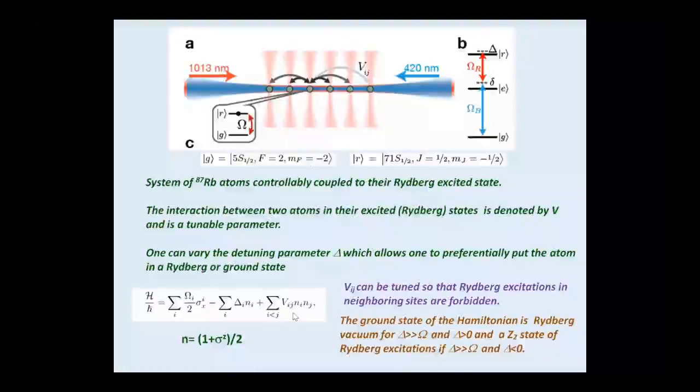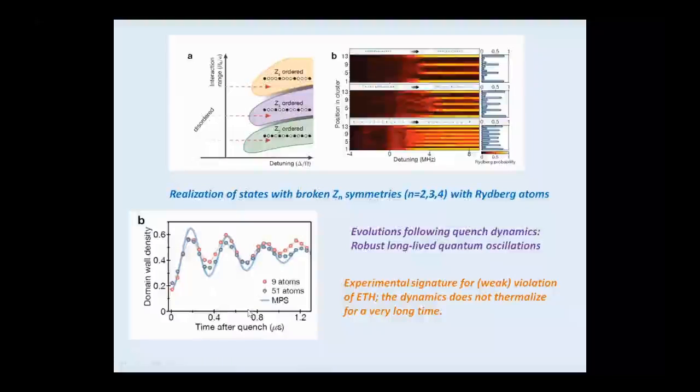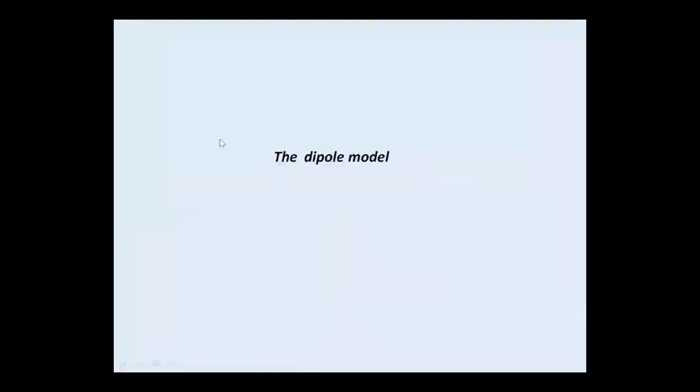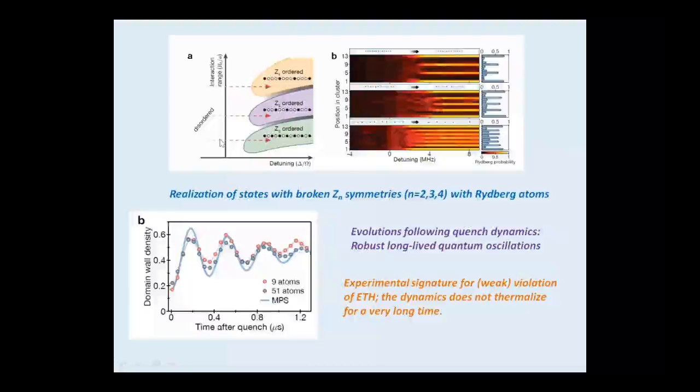So if you tune your Vij so that it becomes really large for neighboring sites, but not so large for others, and experimentally they can do this, then you create a state which is Z2 ordered, which means that at every alternate site, you form a Rydberg excitation. Similarly, by tuning this Vij, you can form a Z3 ordered state or a Z4 ordered state and so on.